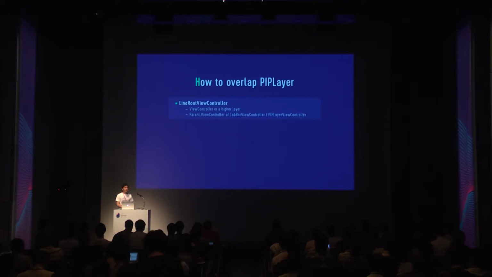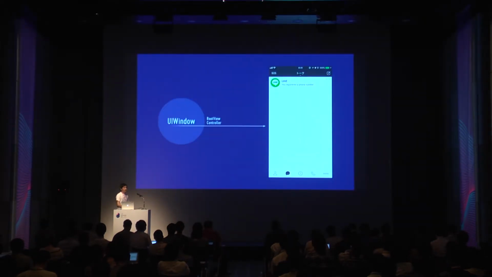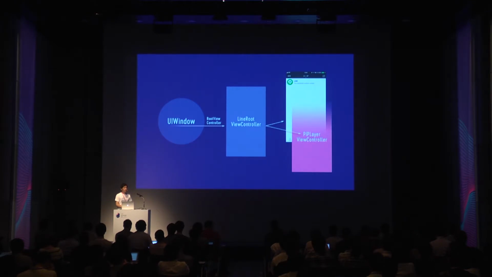It's an orthodox design: a UINavigationController shown in the UITabBarController, which is the initial screen. So the LINE root view controller is the parent view controller, and the existing tab bar controller is to be the child view controller.